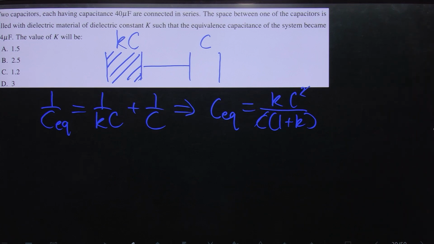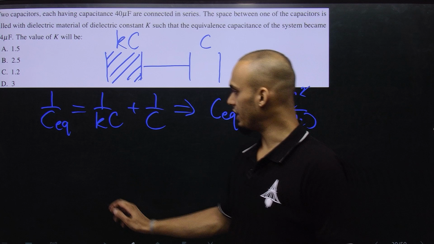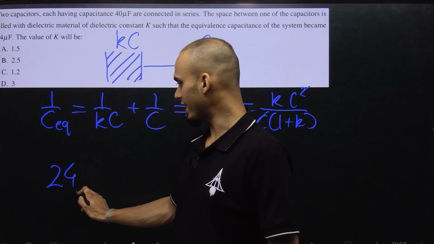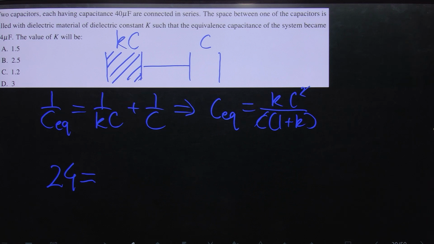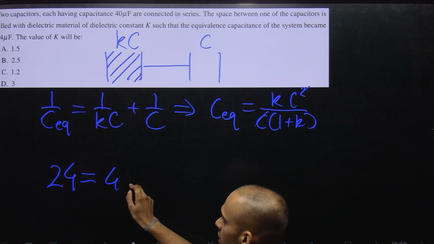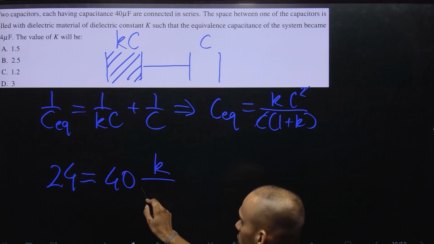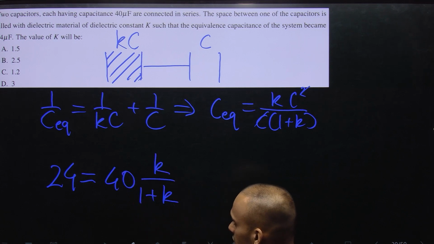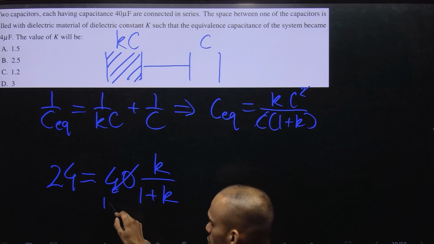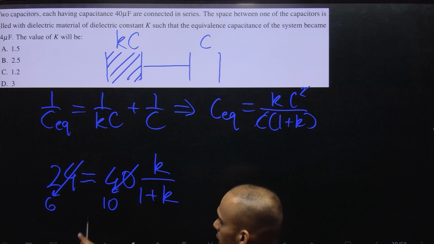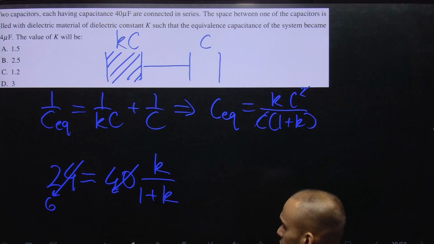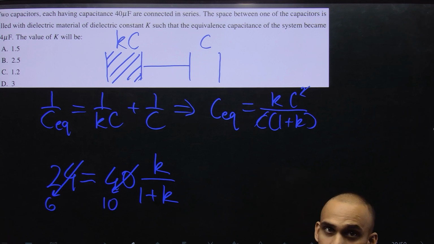Now we know that the final equivalent capacitance is 24 microfarads, which should be equal to K into the initial capacitance, 40. So 40 into K upon 1 plus K is the expression. 24 divided by 4 is 6, and 40 divided by 4 is 10.